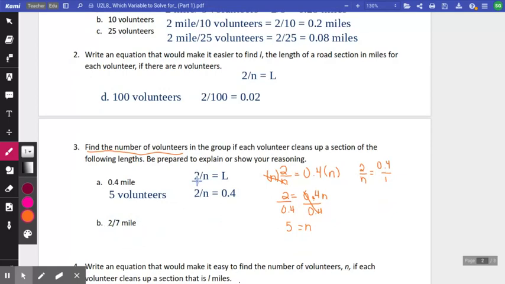I could take this equation and substitute 2/7 in for L. Or we can take this equation and start off by rearranging it so that it equals what I'm trying to find. In other words, instead of having it equal how long of a section each person wants to clean, let's have it equal n instead, since that's what I'm trying to figure out.